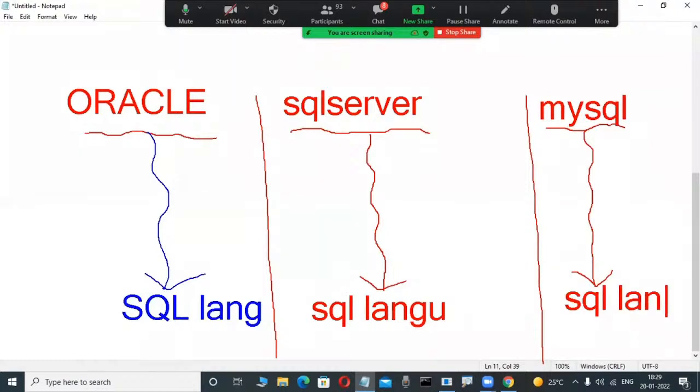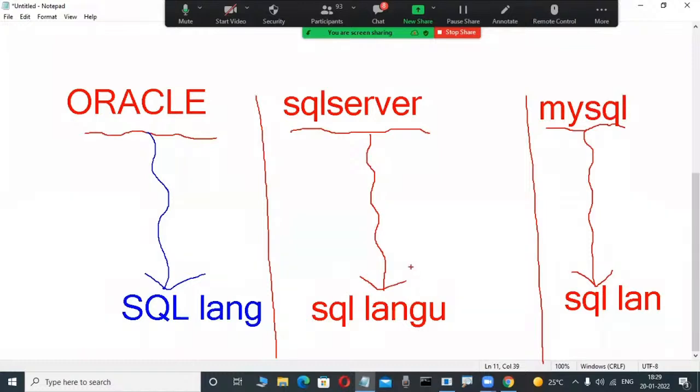Now what is my doubt? Many people attending this demo class have this doubt: are all these SQL languages the same or different? Only one answer is correct. Suppose you work on an Oracle database product, your friend works on SQL Server, and another friend works on MySQL. All of you use SQL, but are these SQL languages the same or different?